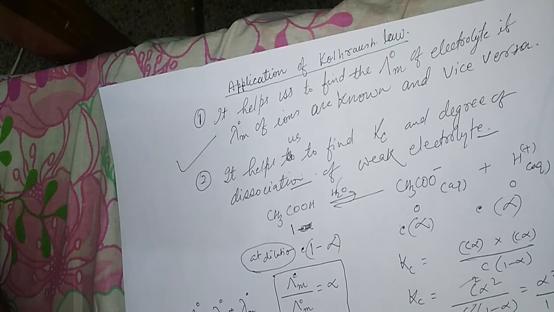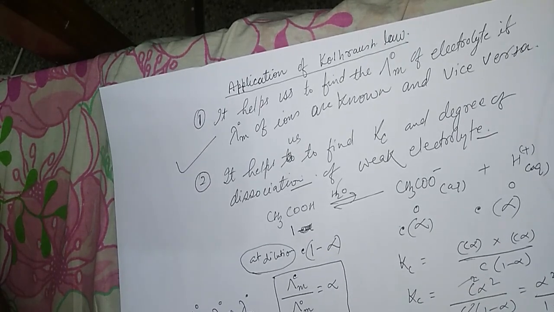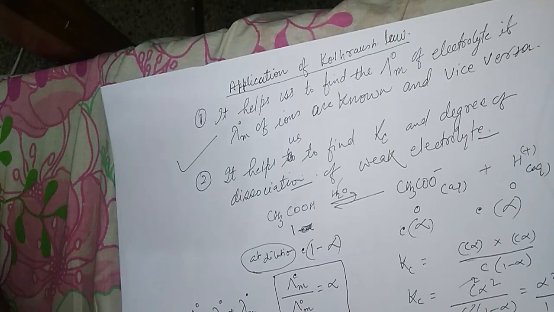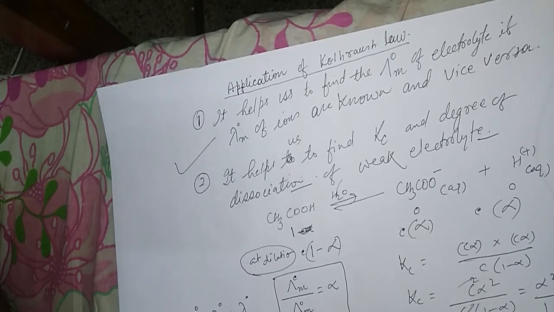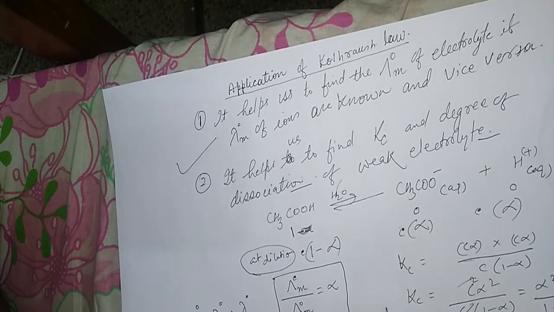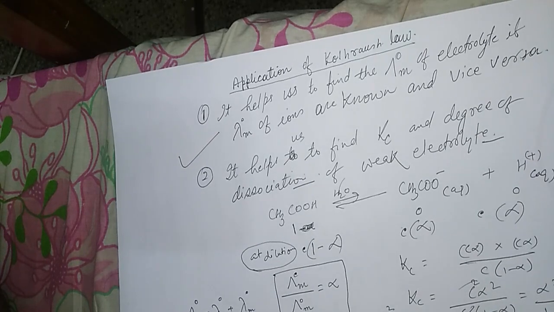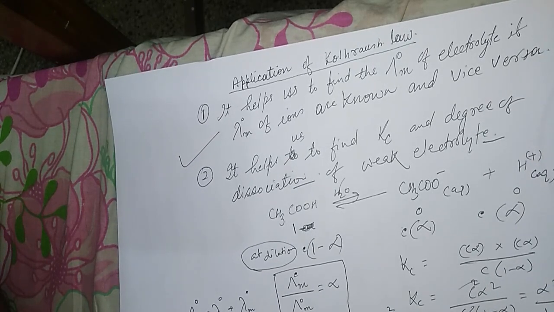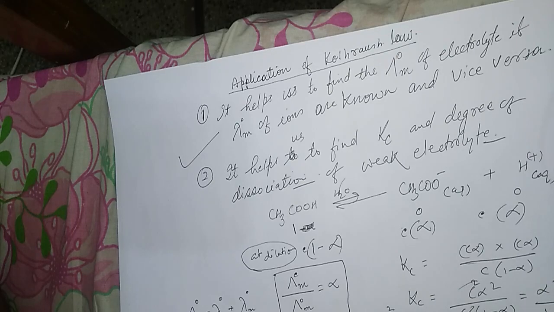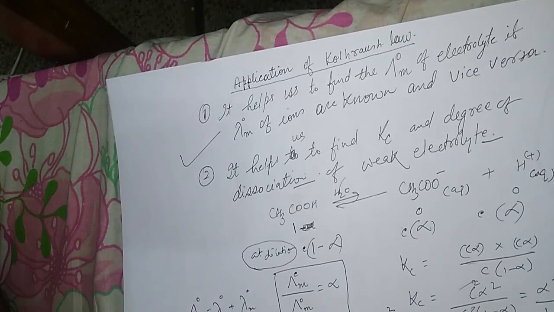So instead of alpha we can put Kc equal to lambda m at any concentration divided by lambda at infinite dilution, squared, divided by 1 minus lambda m at any concentration C by lambda at infinite dilution.